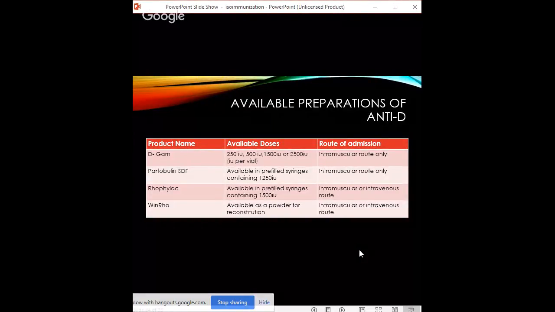These are the persons that you might prefer to give intravenously rather than intramuscularly. Of course, the intramuscular route is usually preferred, deltoid in particular, because of the sustained absorption. You prefer the deltoid rather than the buttocks because a lot of the anti-D can be lost into the body fat if they have particularly fatty buttocks. So you usually prefer deltoid for that reason.